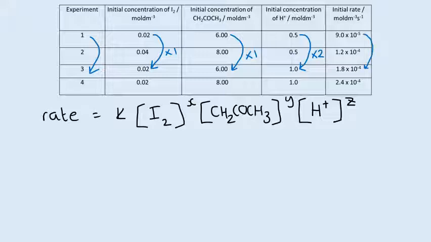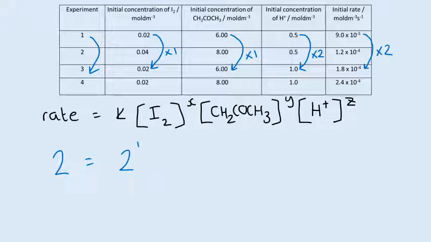Be super careful, because it looks like it's going down, but it can't be, because that's doubling. It's also doubling. So what I've just determined is the rate will double if the concentration of the catalyst doubles. So actually, I can just say that it's first order.